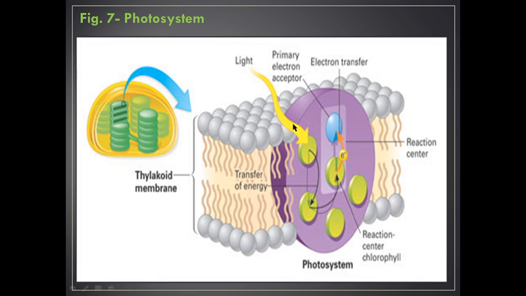Now the harvested light from the antenna complex is transferred towards the core complex, and the core complex decides which electrons take this radiant energy, and now these electrons are transferred from ground level to excitation level. That means taking radiant energy, it moves to the excited state.